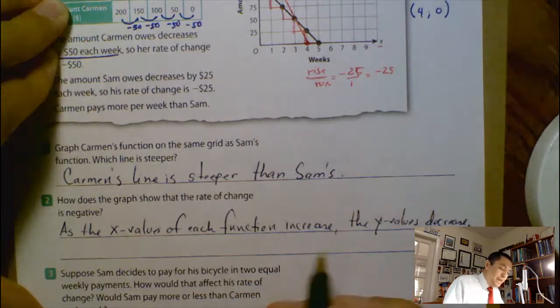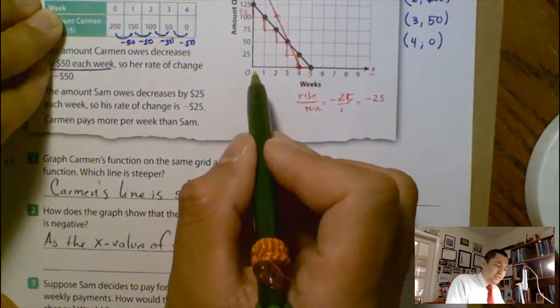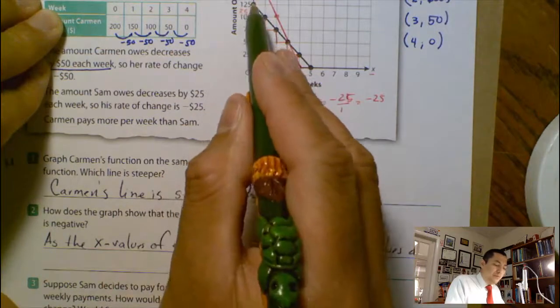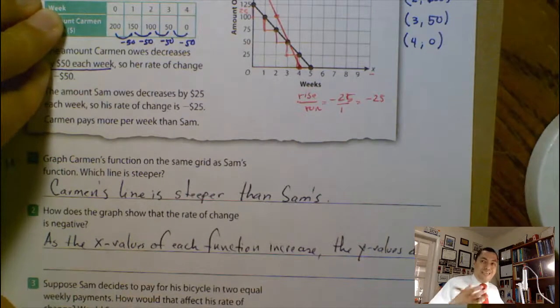See this one, as your x values increase, 0, 1, 2, 3, 4, 5, your y values go down. That's the reason why the slope is negative.